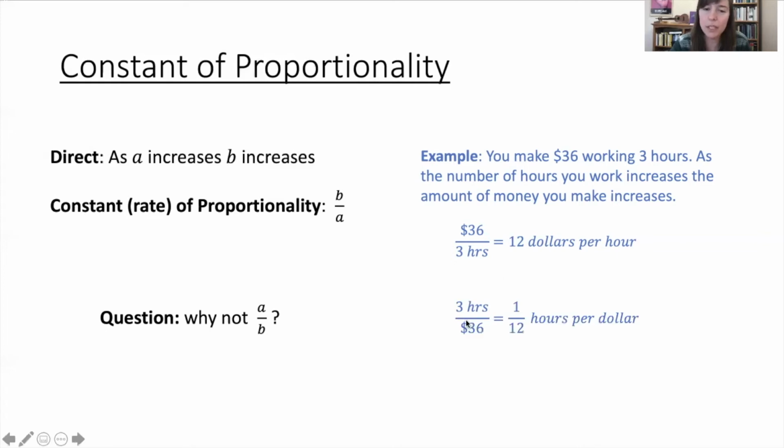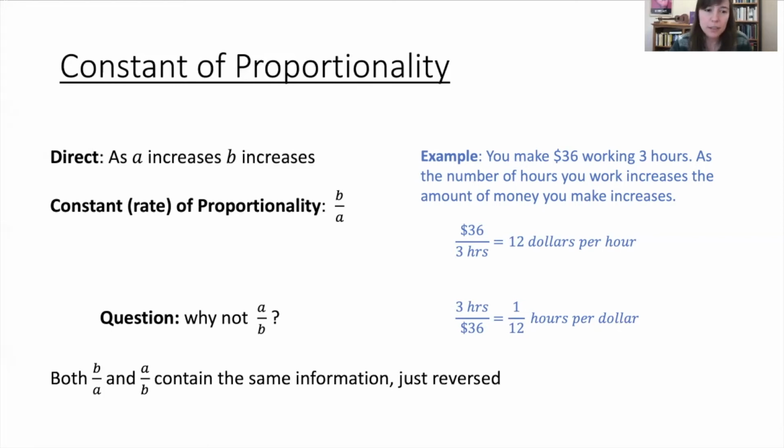In this case, we'd get 3 hours divided by $36. And so we would get 1 over 12 hours per dollar. And this is actually telling us something meaningful. This is telling us how many hours we need to work to make $1. And it's 1/12 of an hour.